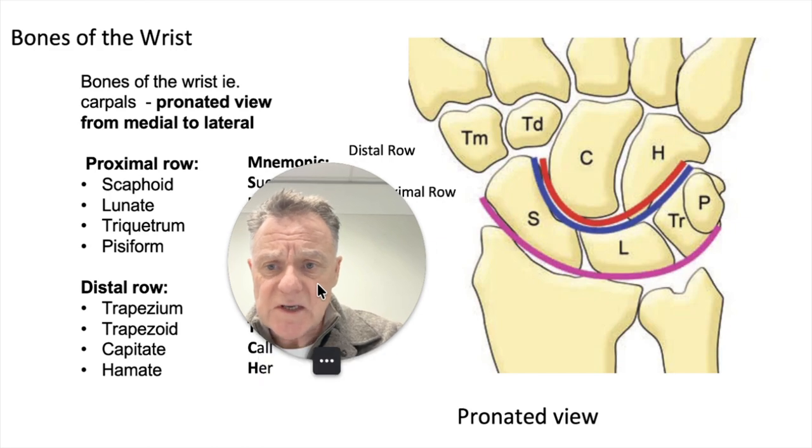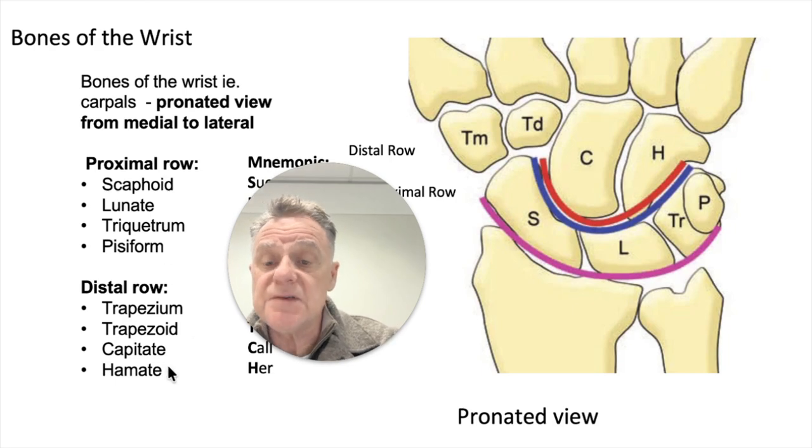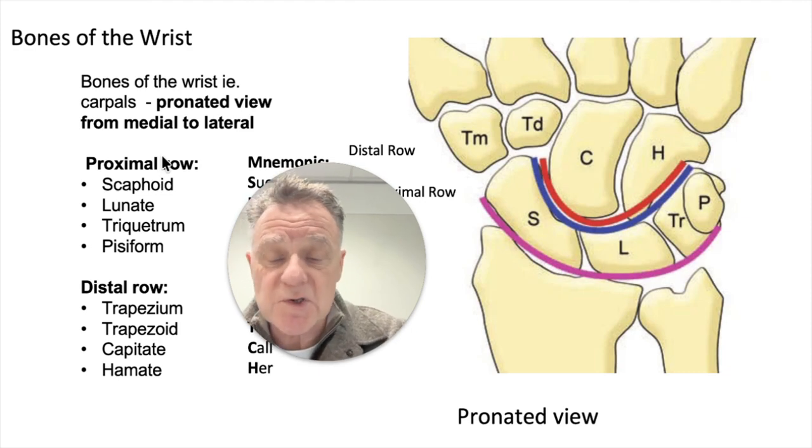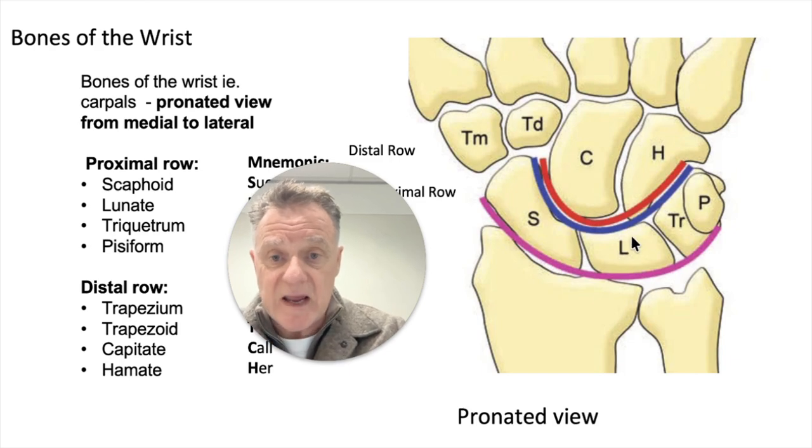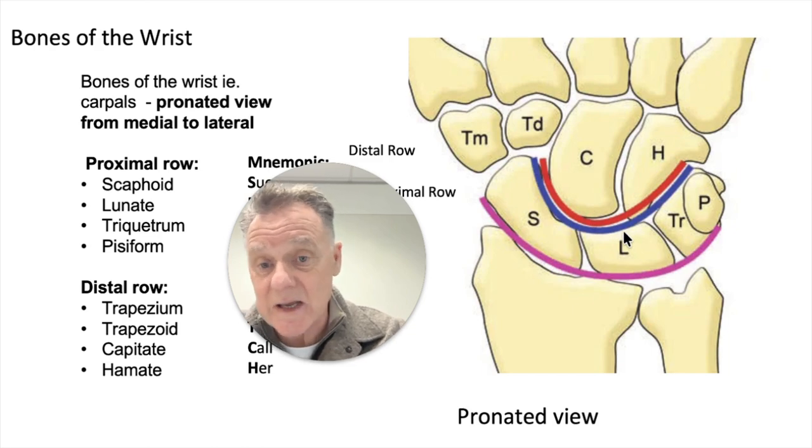If we consider the wrist joint, as I said, there are 8 bones there that you need to be aware of. And we talk about what is known as a proximal and a distal row. Now, this view here is of a hand which is in a pronated position, so palm flat down on a table, for example, and you're looking down on top of that.